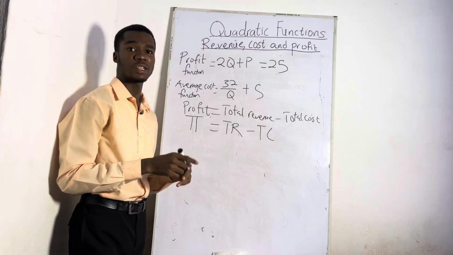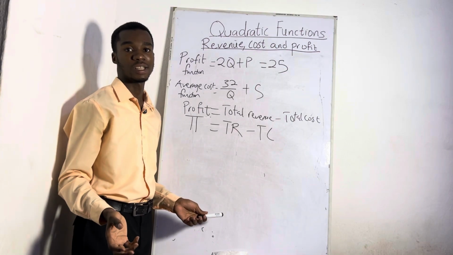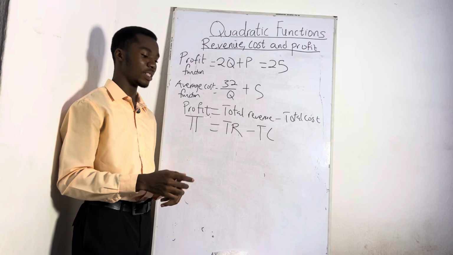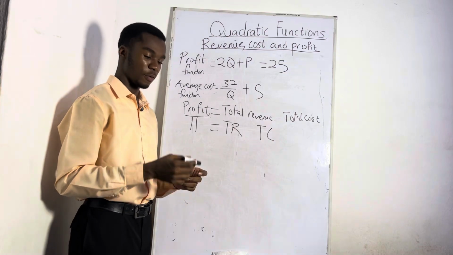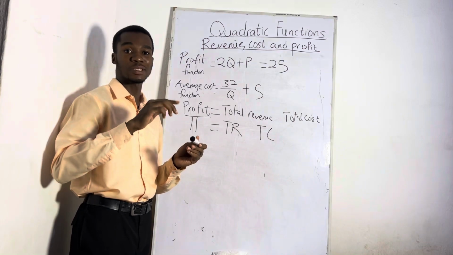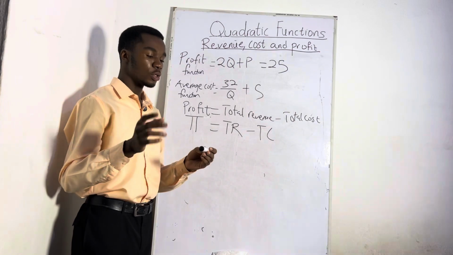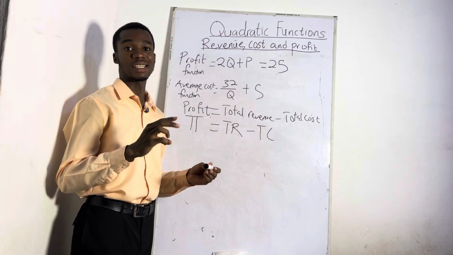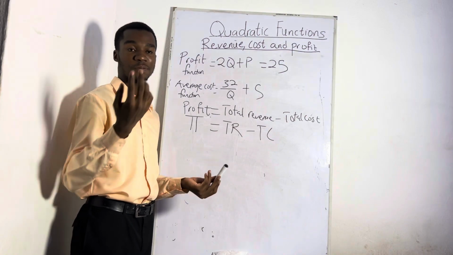Now, what is total revenue? Total revenue is how much you are making in a company. So let's say I'm selling markers. If I want to know how much I'm really making, it is the number of markers times how much I'm selling each. If the price of the marker is 5 CD and I sell 3, it means I'm getting 15 CDs, 5 times 3.